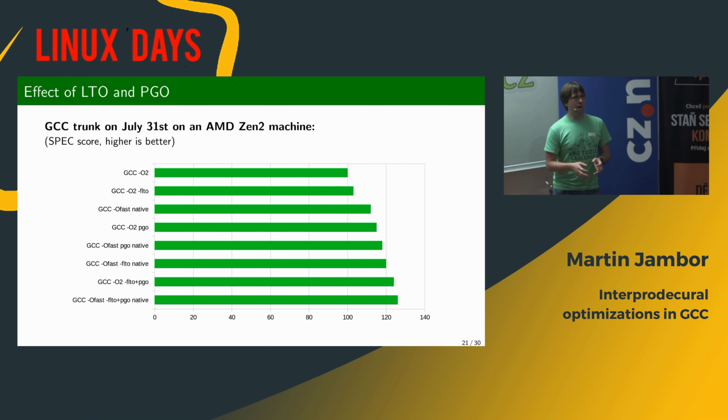But if you actually go with just -O2 and use profile-guided optimization or feedback-driven optimizations, the two acronyms mean the same thing, you actually get a slightly bigger speedup. And of course, the best options are those that combine both techniques, LTO and PGO, those are the last two bars with the biggest performance.